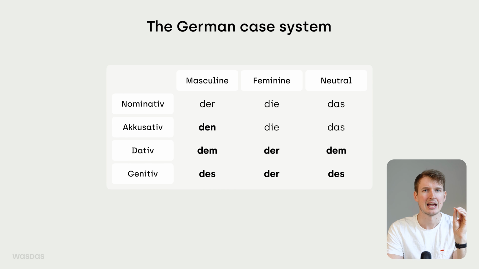And depending on the case, the noun's article can change. These changes we have seen in the example sentences from der to den, to dem and to des are the ones we always have when we use masculine nouns. When we use feminine or neutral nouns, the articles behave a little differently, which is also why it's so important to learn a noun together with its article right from the start.